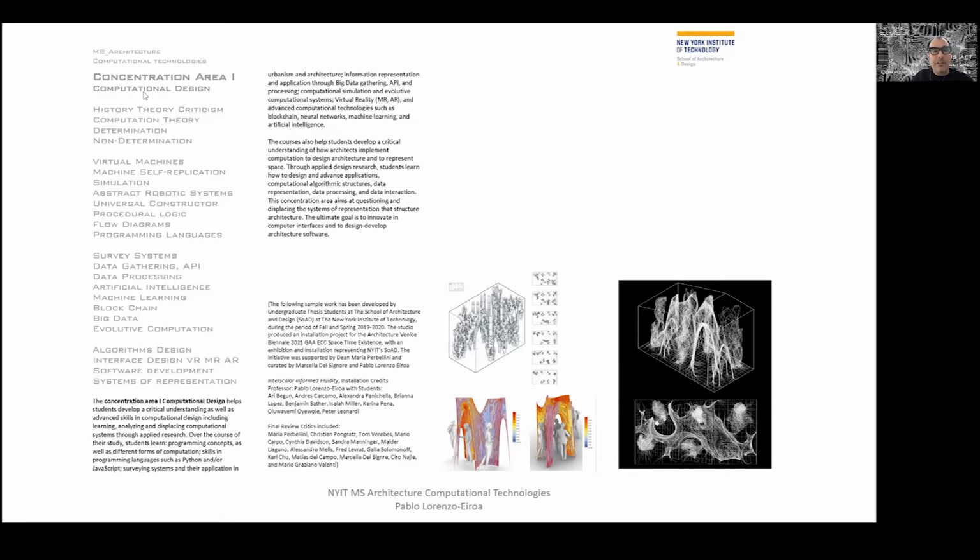In it you can look at the different aspects that the first concentration area, computational design, is going to touch. There are many interesting aspects, including not only artificial intelligence, but also, for instance, blockchain, one of those technologies that is presenting radical innovation to many disciplines, not only architecture.